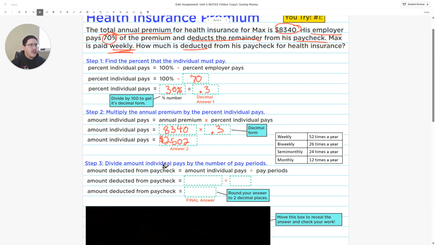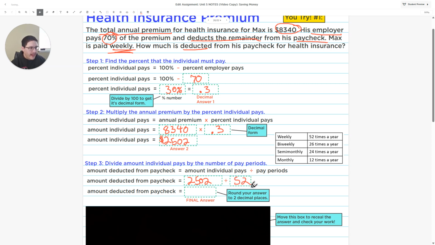Now, to find out how much he will have to pay or have deducted from his paycheck, we divide that by the amount of pay periods. So 2,502 divided by whatever number that is. Well, we know it's weekly. Weekly means there are 52 weeks within a year, which means he's going to get paid 52 times throughout the year.